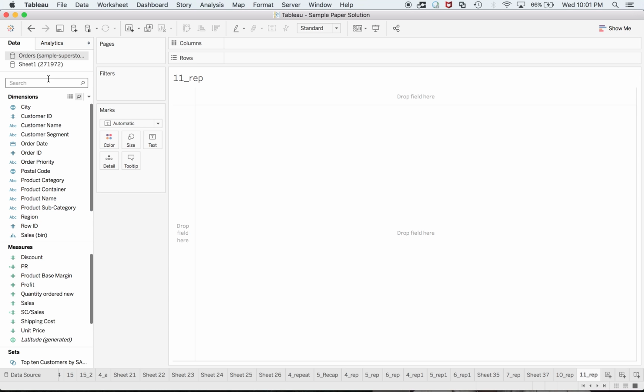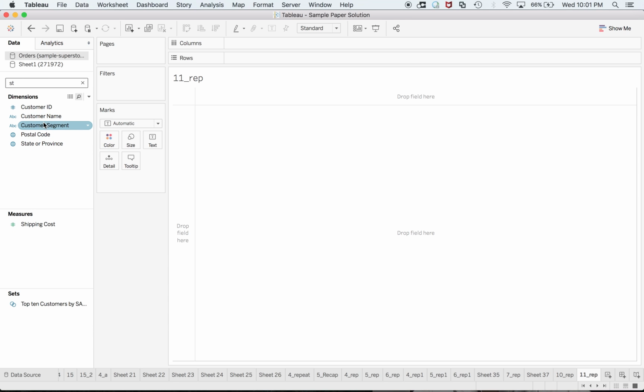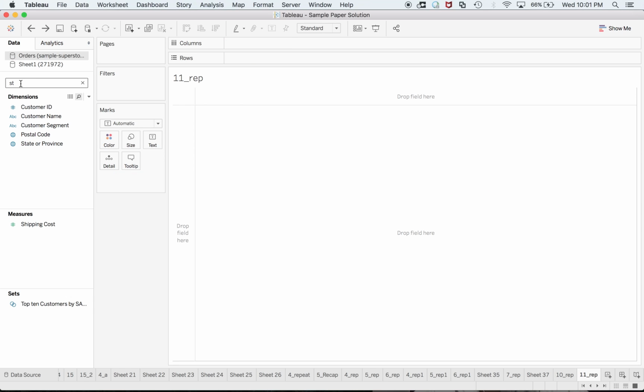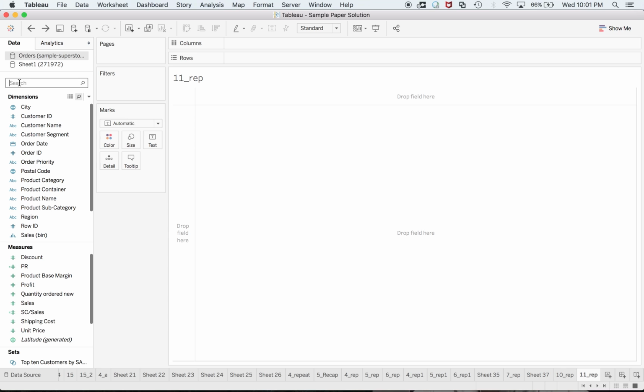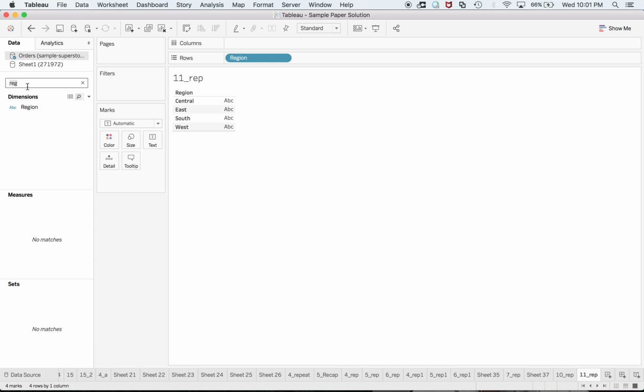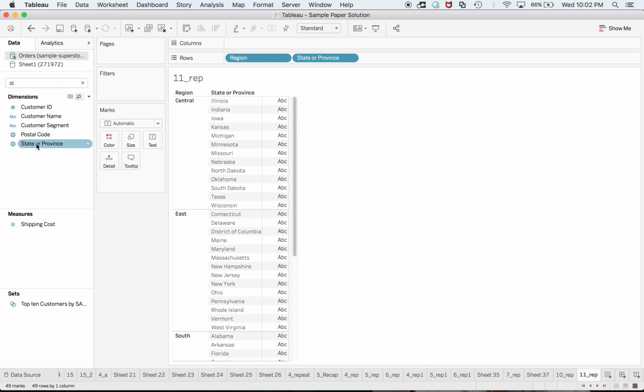State, oh no, region, state. So remember, you need to choose region first, otherwise it will get into map form.